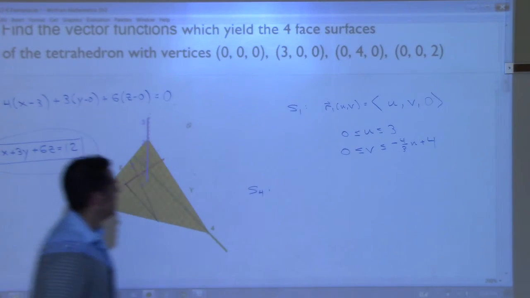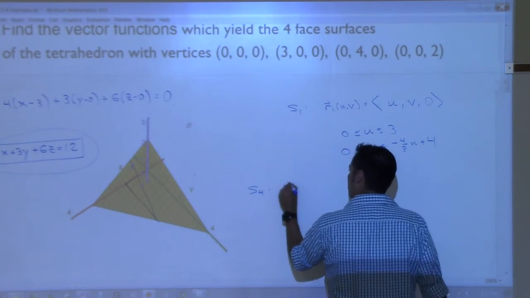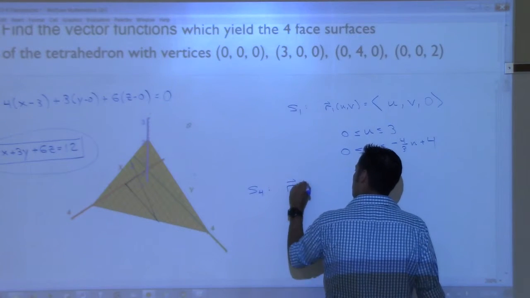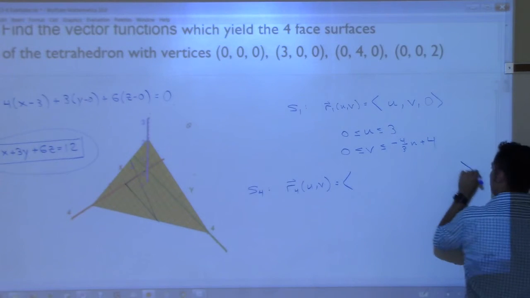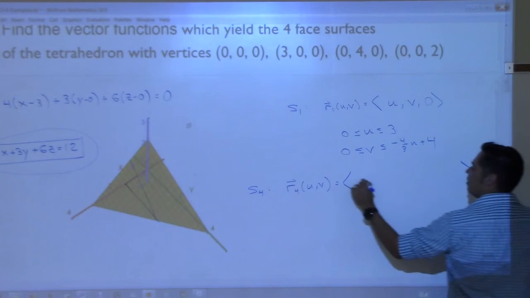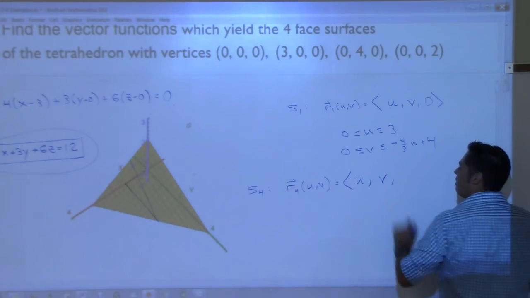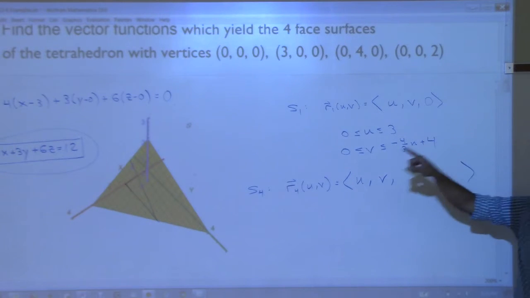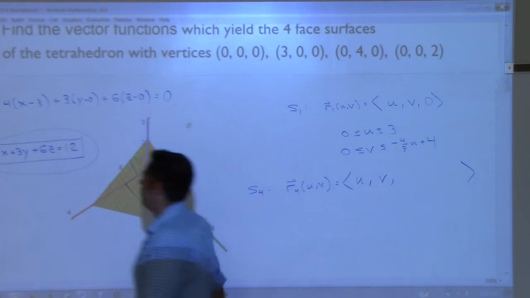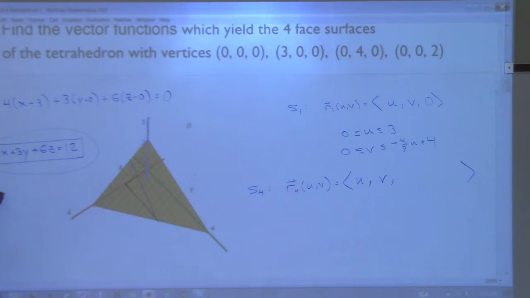Yeah? Okay, so this is going to be our fourth one, and it will be the same as this one, u and v. However, my z component is not flat anymore. It is that solved for z. So what happens if I solve that for z?